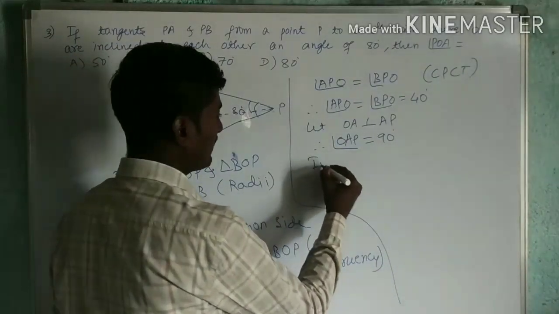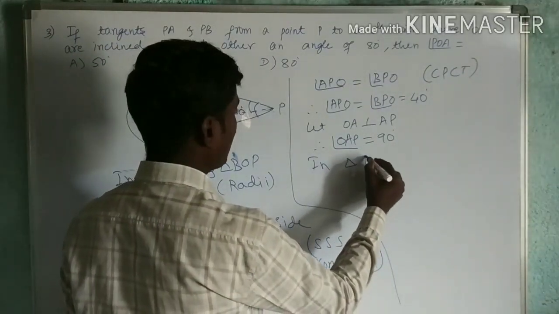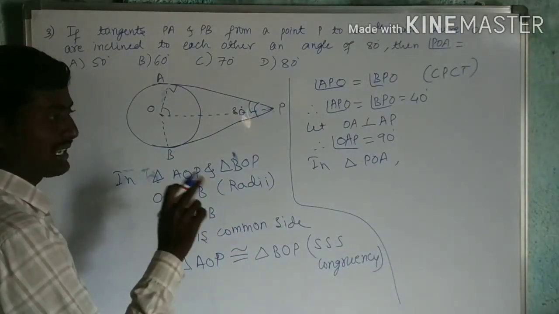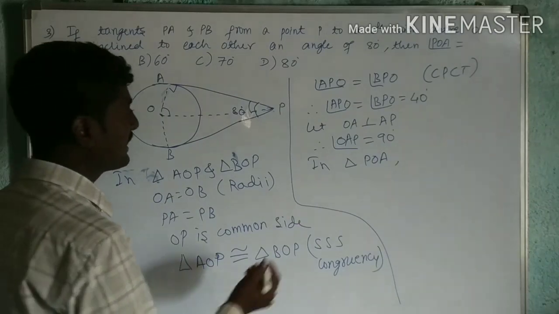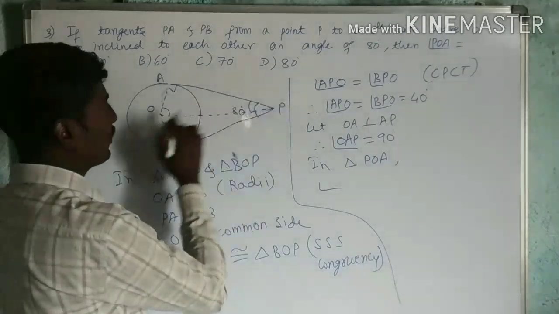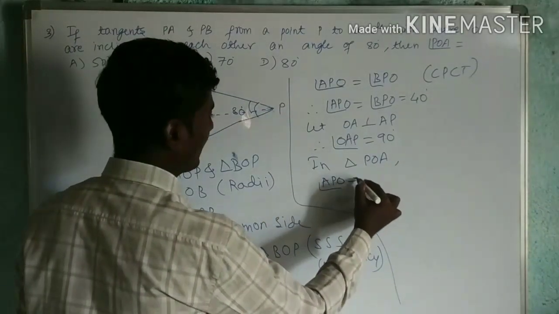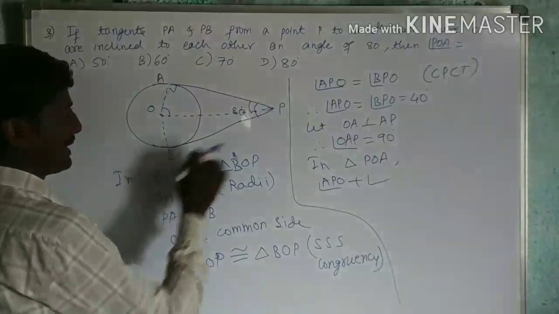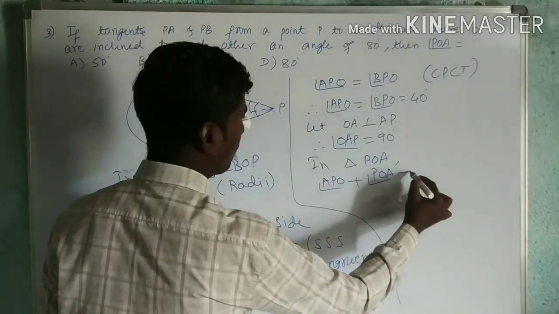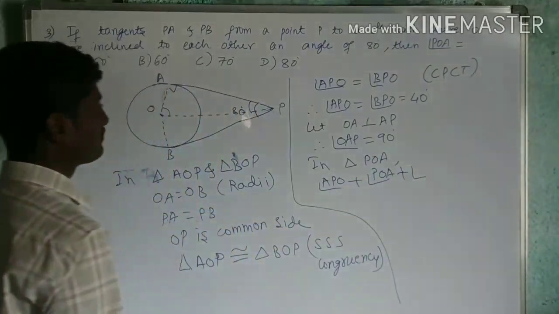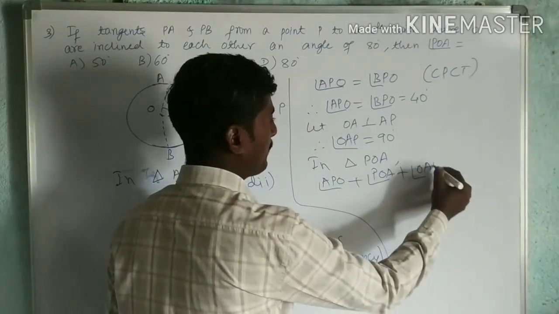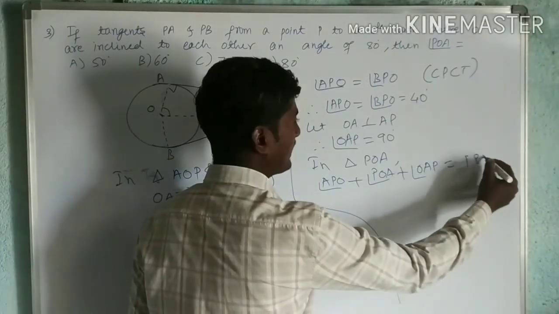In triangle POA, the sum of interior angles of a triangle is 180 degrees. That is angle APO plus angle POA plus the third angle, angle OAP, is equal to 180 degrees.